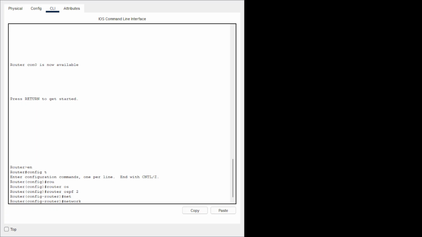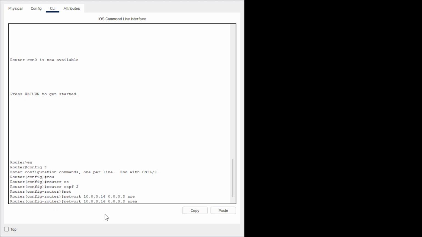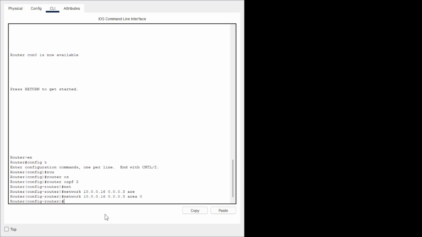We have to confirm again which network OSPF is working on. It is 10.0.0.16. So network 10.0.0.16 with wildcard mask 0.0.0.3 area 0, and exit.